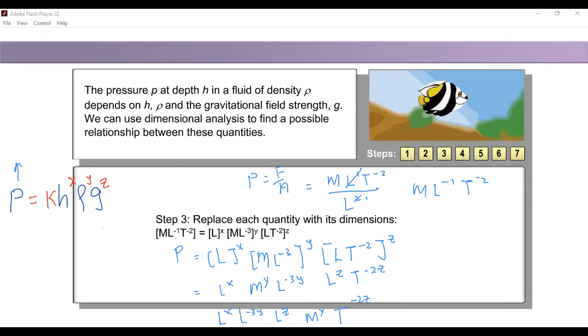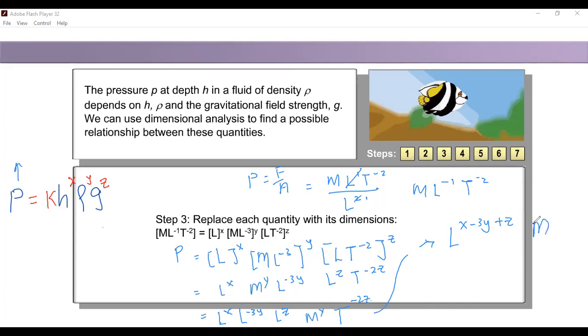Okay. After that, I rearrange all. Let's move it to this side. I rearrange all. L, X, minus 3Y plus Z. Okay.